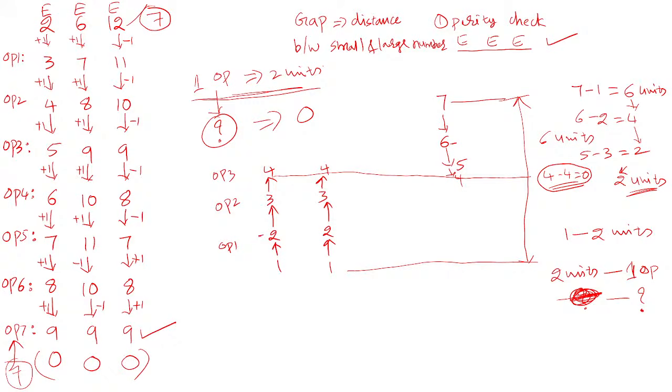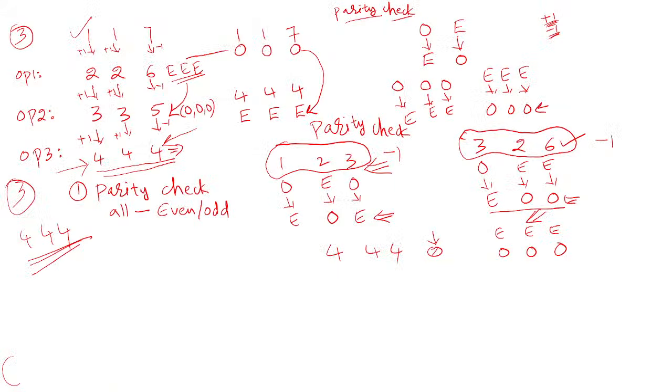Now if you observe this, say for example the given number's initial sum is s. We'll take this example only, 117.